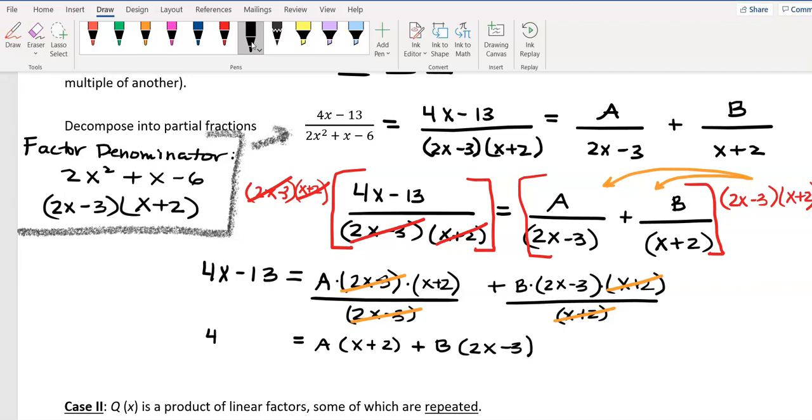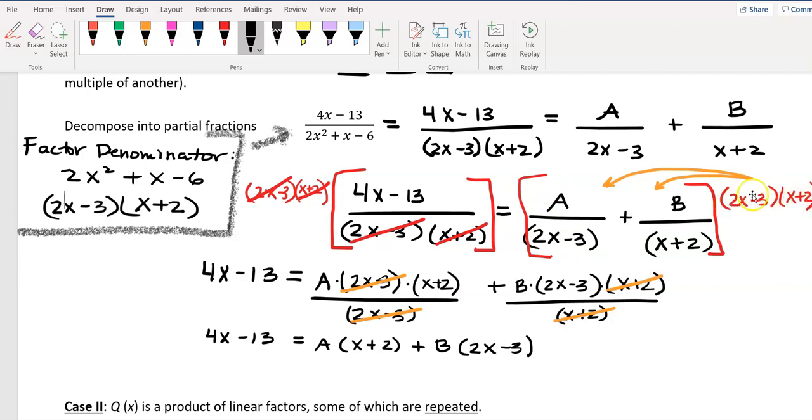Now my left-hand side hasn't changed, so I'm just going to go ahead and rewrite that. And I want to talk about what we have in this expression here. So notice when you do this little distribution that we just did, what you're going to end up with is the denominator canceling, and that numerator is going to pair up with the opposite factor.